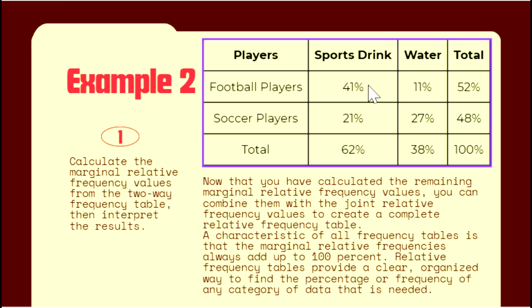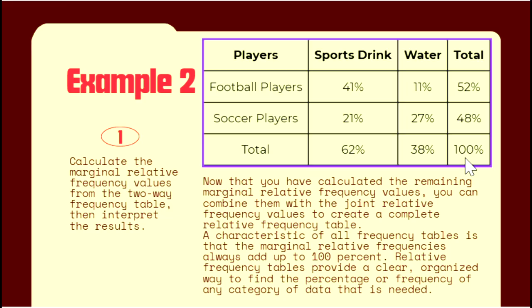So 41 plus 21 gives you 62%, 11 plus 27 gives you 38%, 41 plus 11 gives you 52%, 21 plus 27 gives you 48%. A characteristic of all frequency tables is that the marginal relative frequencies always add up to 100%. 52 and 48 is 100, 62 and 38 is 100.